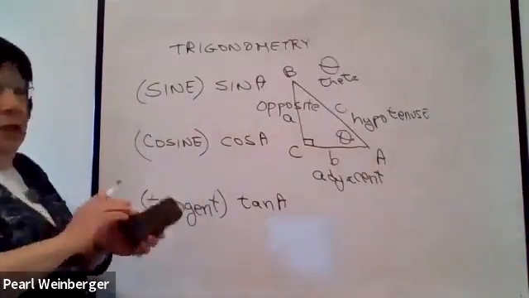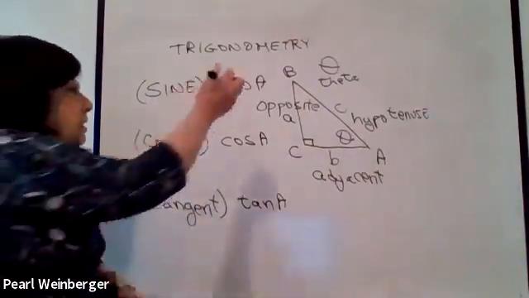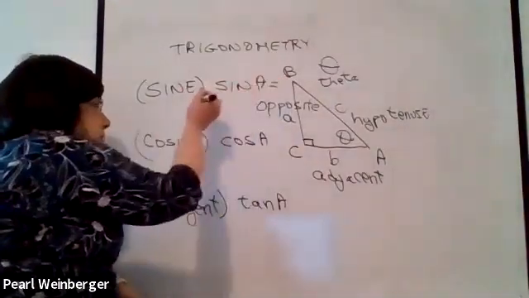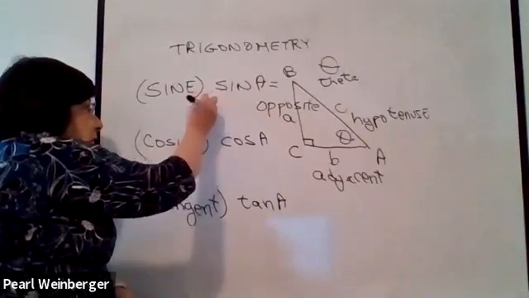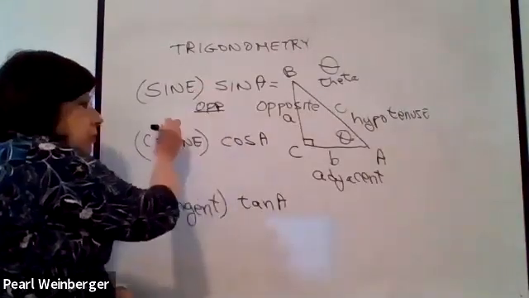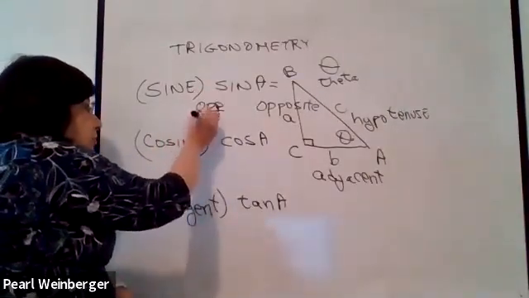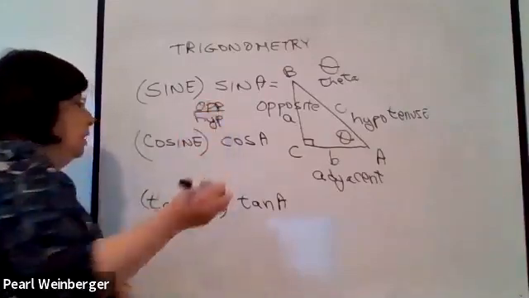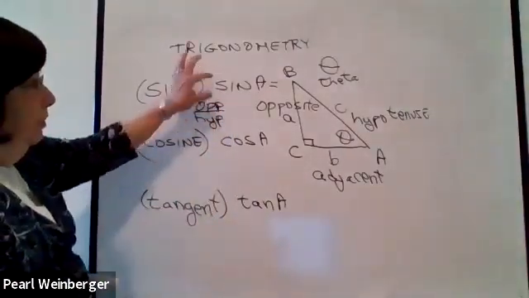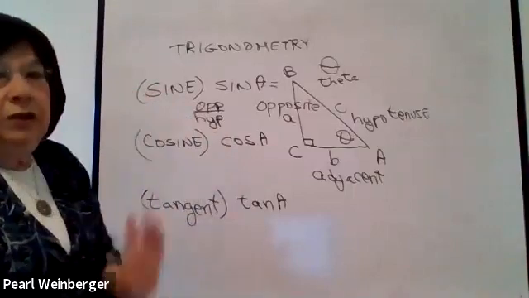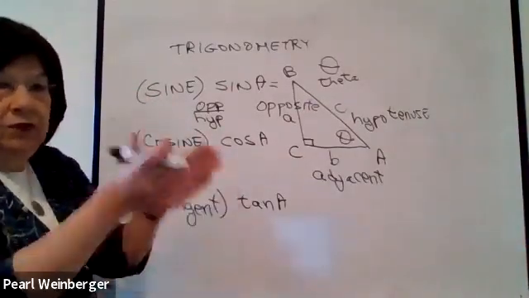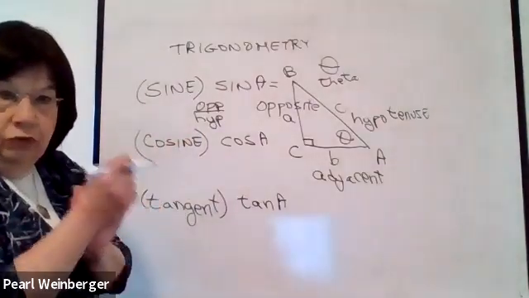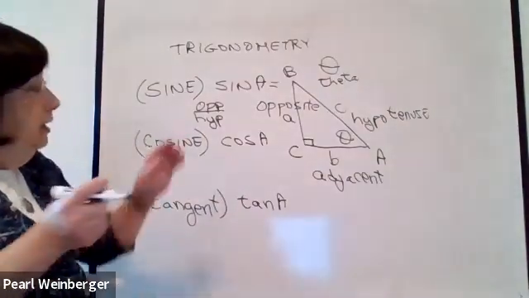Okay. Now, what does the sine stand for? The sine stands for the opposite side over the hypotenuse. In other words, each of these names are really a fraction. They're a fraction that you get by dividing one side of the triangle by another.